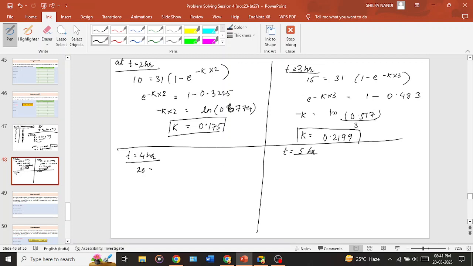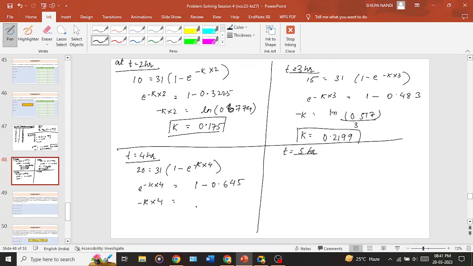Similarly at t is equal to 4 we will have... this can be written as 120 by 31 is 0.645 and minus k into 4.